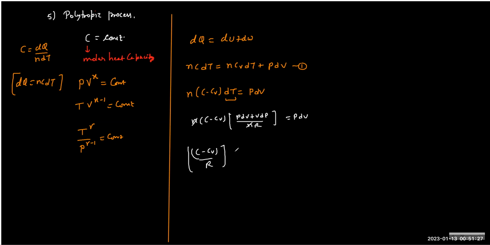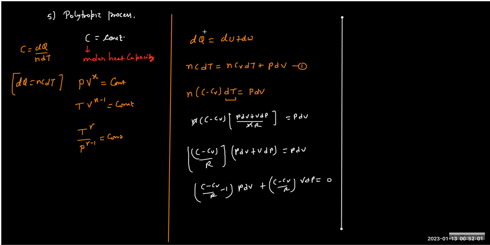So now we have this constant times (P dV plus V dP) equals P dV, and then I can rearrange the P dV term. So (C minus CV upon R minus 1) into P dV plus that random thing into V dP equals 0. I think this is okay to all of you guys.